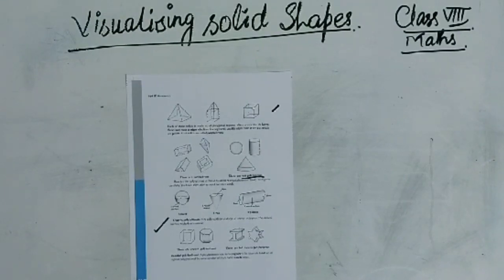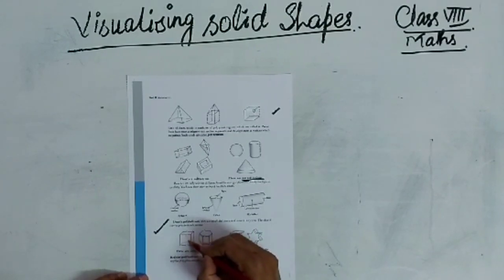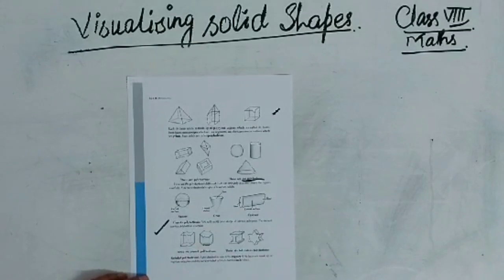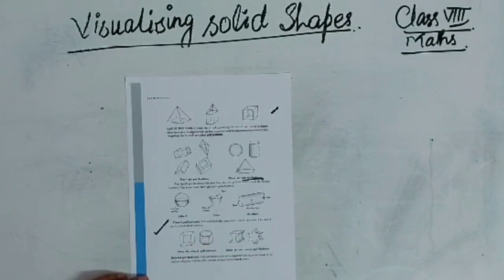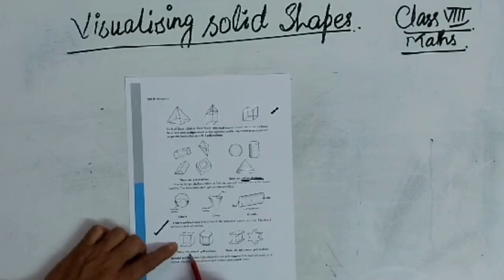These are three-dimensional figures made up of faces, made up of polygons, and if I try to draw any diagonal inside, this diagonal must lie inside the diagram. Whenever every diagonal of the three-dimensional figure lies inside the diagram, that figure is a convex polyhedron.